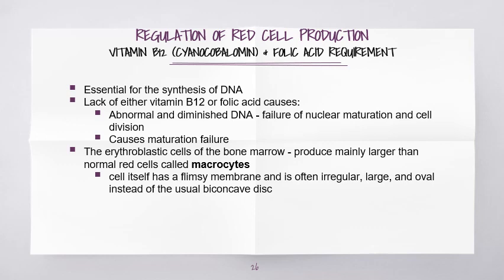So again, remember the importance of the biconcavity of the red blood cell. When that is lost, the cell membrane will be very, very fragile, so it is prone to destruction in the smaller capillaries.